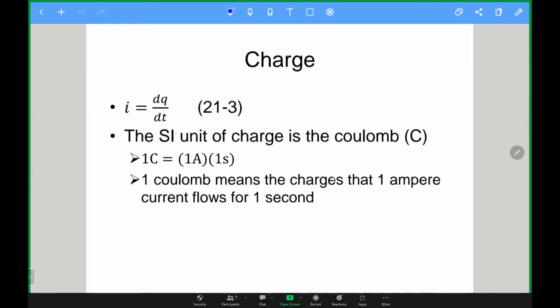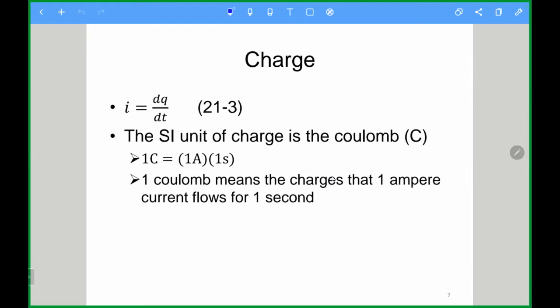And then here, we try to talk about what charge is. This definition is a bit strange. Usually when we define a physical variable, we write the variable equals something, but for this one, it is not the case.